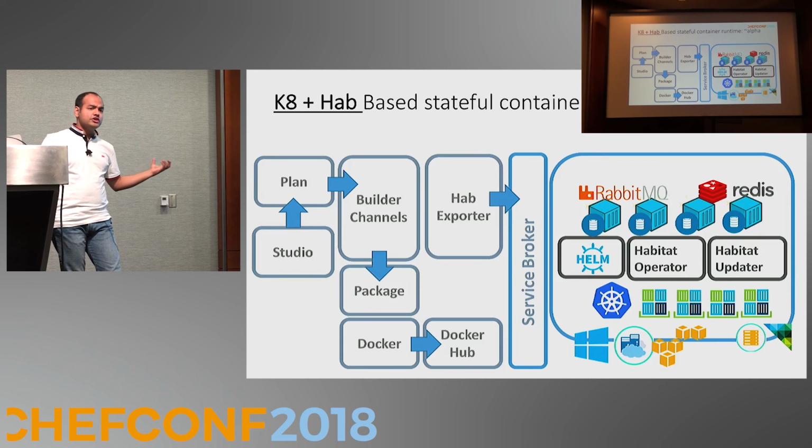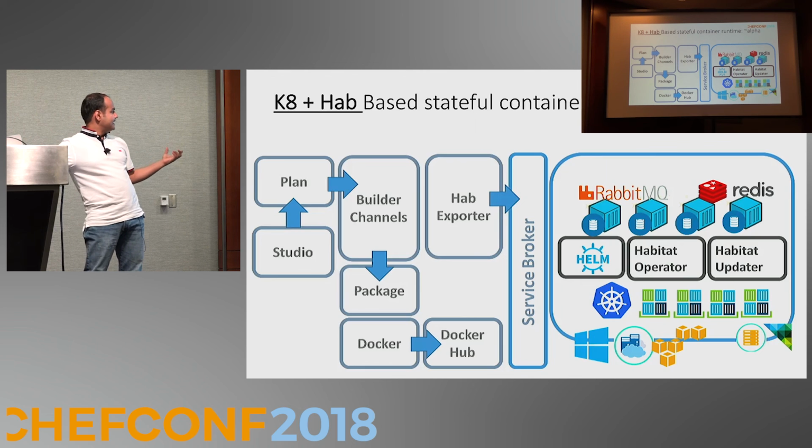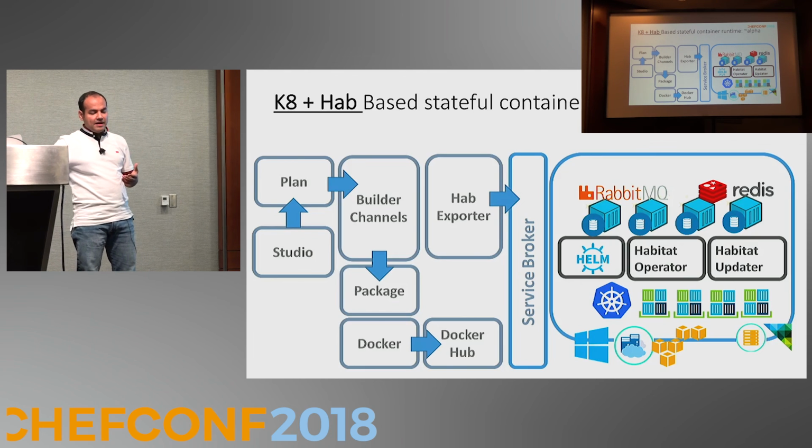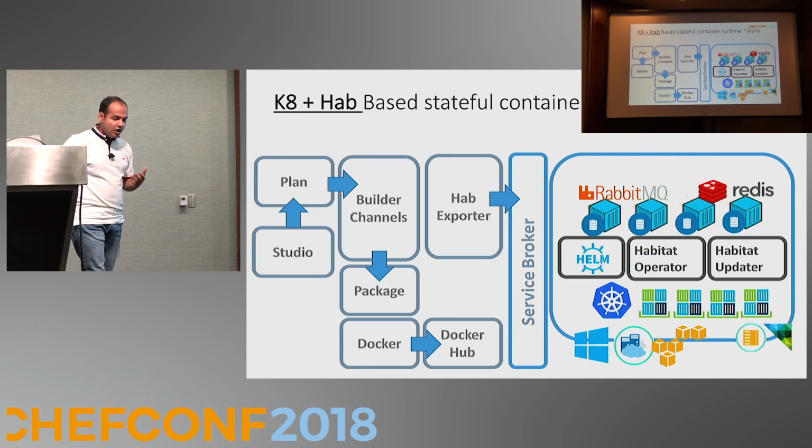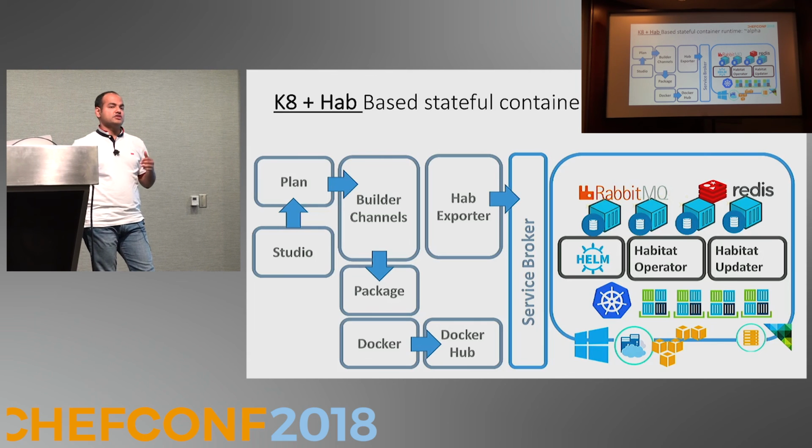You start with the Hab Studio, which is kind of your developer box. You come up with a plan. You build your packages using the builder, and now the builder can push your packages directly to Docker Hub. It converts your packages into containers and pushes them to Docker Hub.